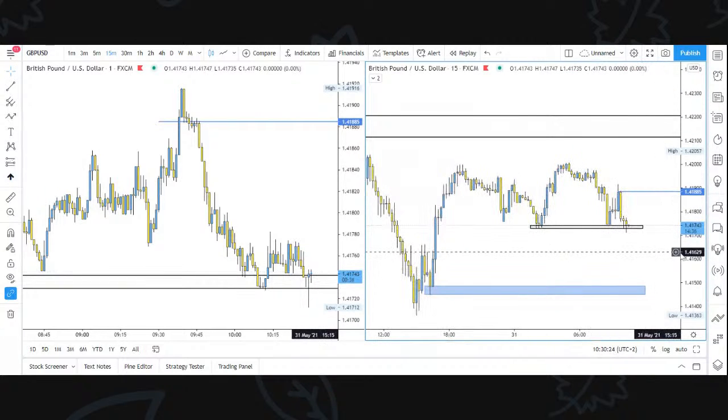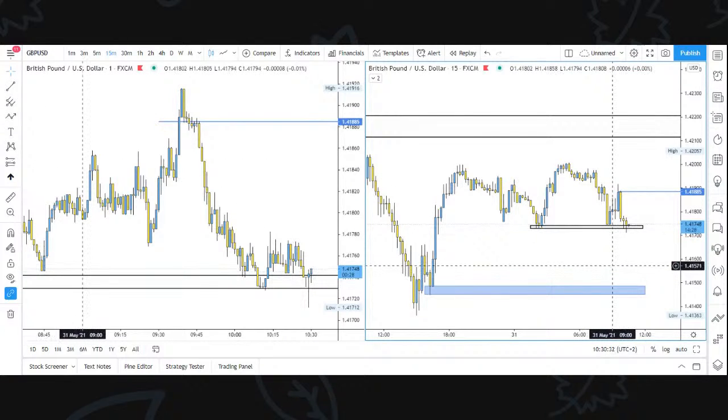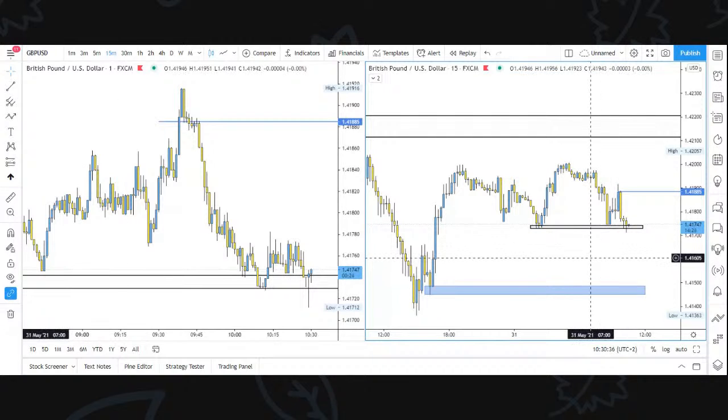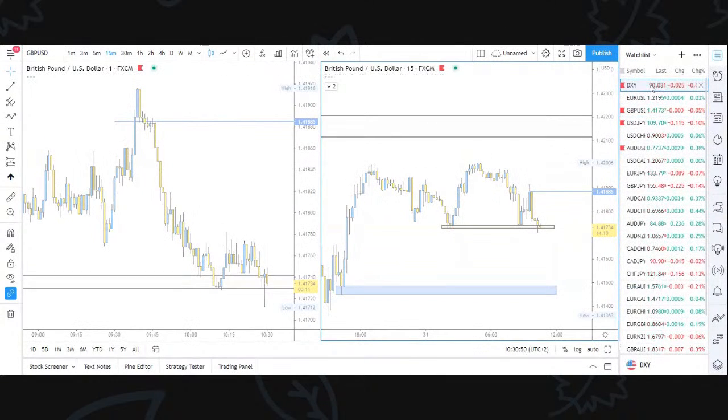I know that if we get a bullish candle off from this, there's a possibility that we're going to go into this level. However, buying GBP/USD right now is a tough situation because of price being so bearish on every other GBP pair, and also the dollar picking up strength now.